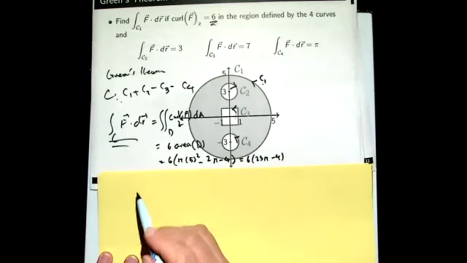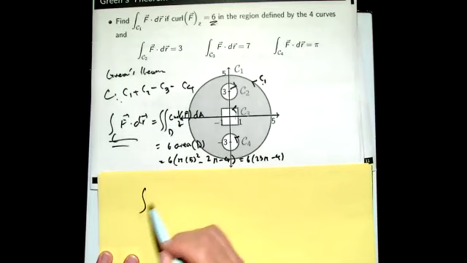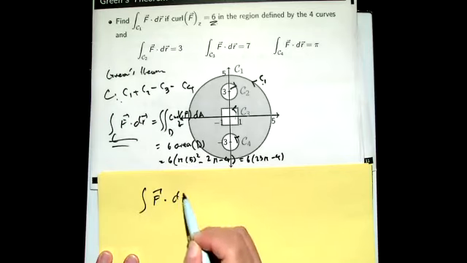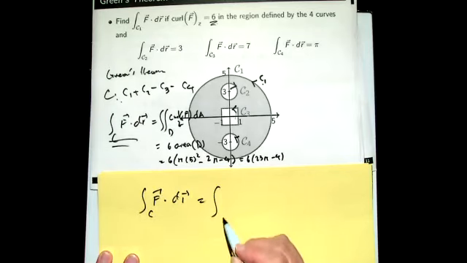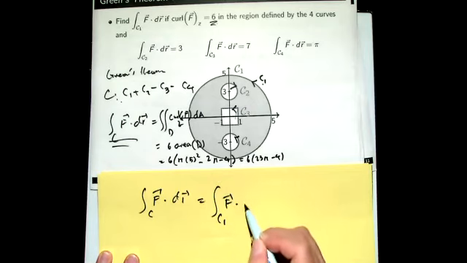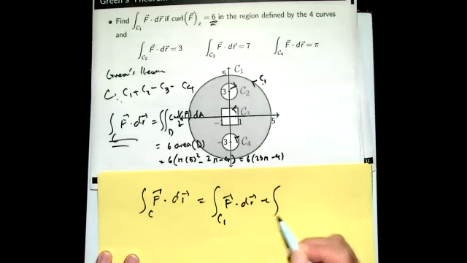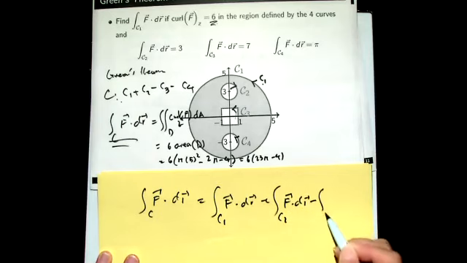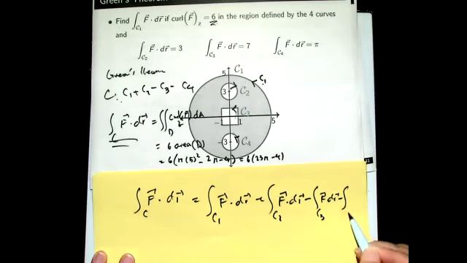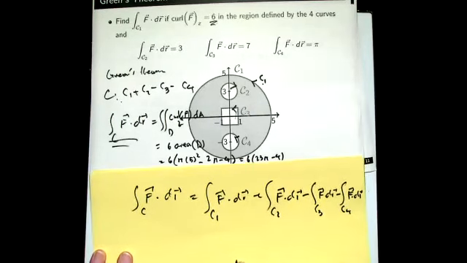Here I say this is basically equal to the integral of F dot dr over C1 plus C2 F dot dr minus C3 F dot dr minus C4 F dot dr.